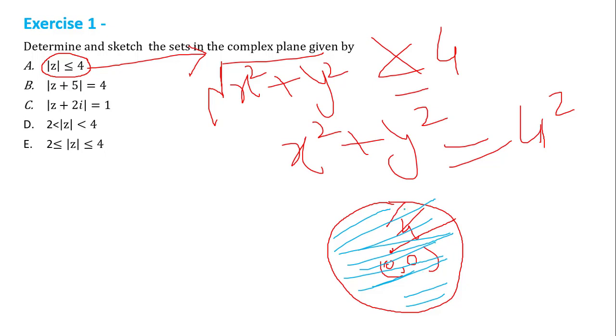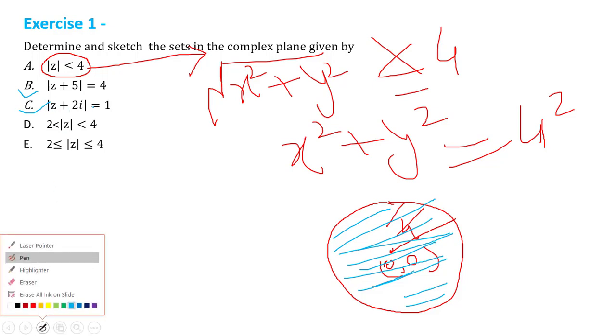This is how we draw it. These concepts are very important while solving questions of integration, so we have to learn how to solve them. Next question. Question B, you can do on your own. I will try question C.